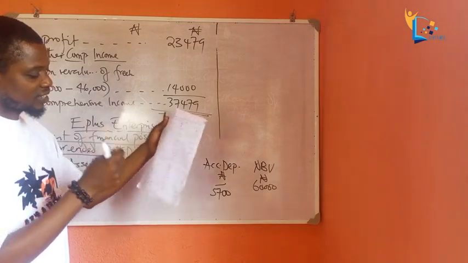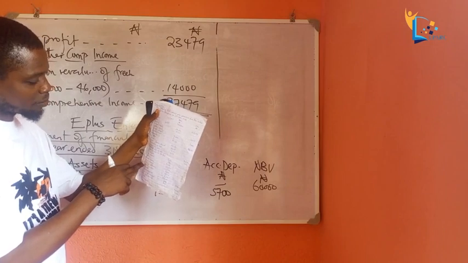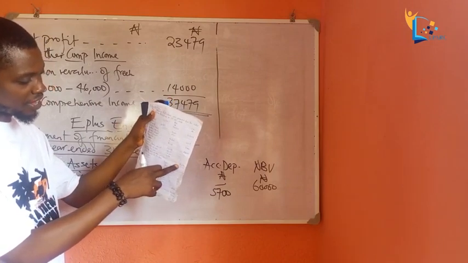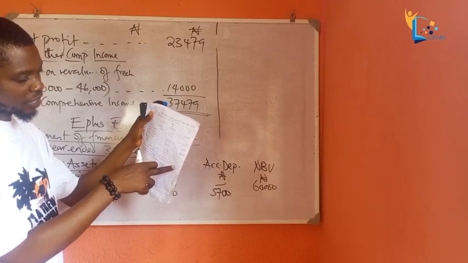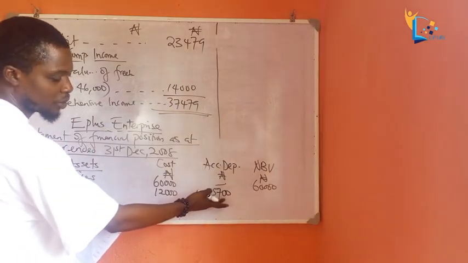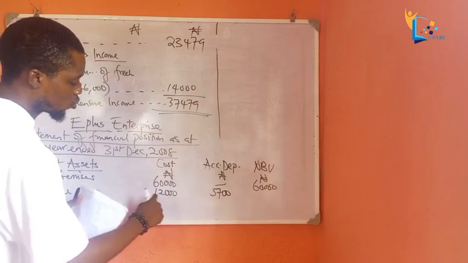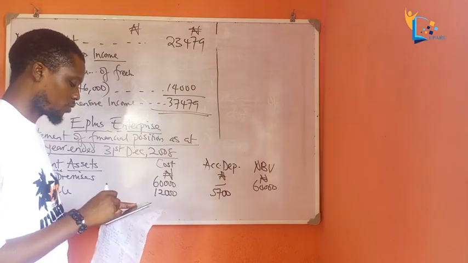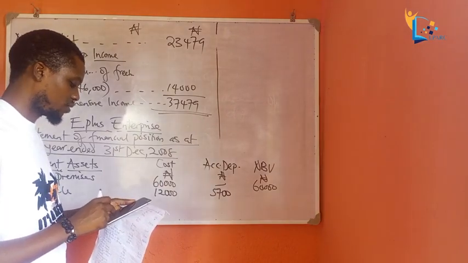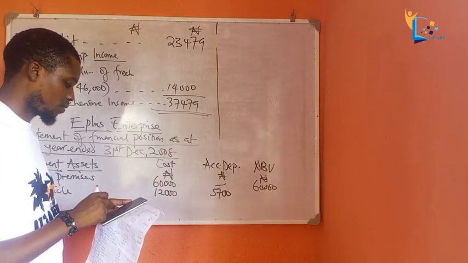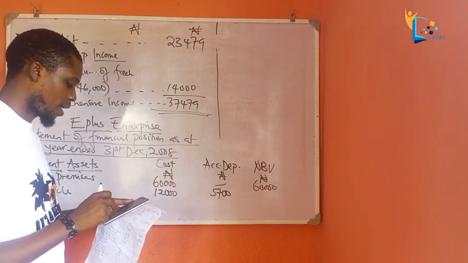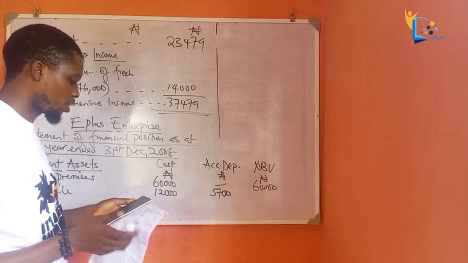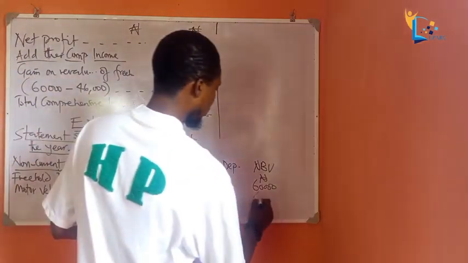You add it with the provision for depreciation on motor vehicle here, 4,500. When you add it together, that's your accumulated depreciation, 5,700. So deduct 5,700 from 12,000. 12,000 minus 5,700 will give us 6,300.